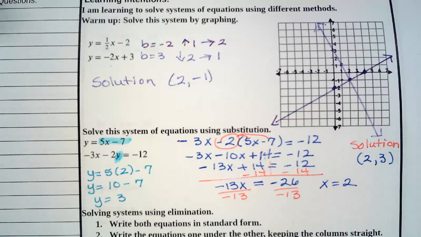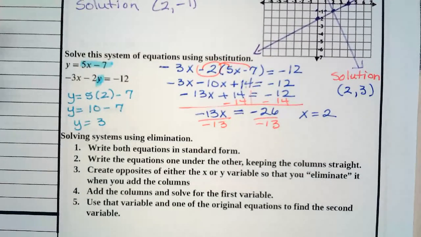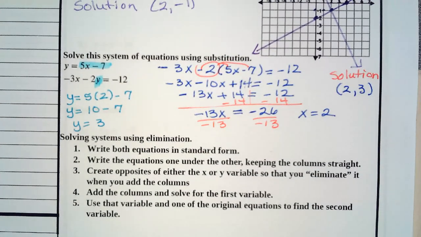Okay, now the third way we show you how to solve systems of equations is by using elimination. It's my preferred method. Step 1, you write both equations in standard form if they're not in standard form already. You write the equations one under the other, keeping the columns straight.